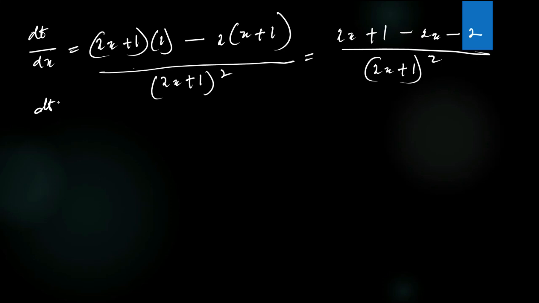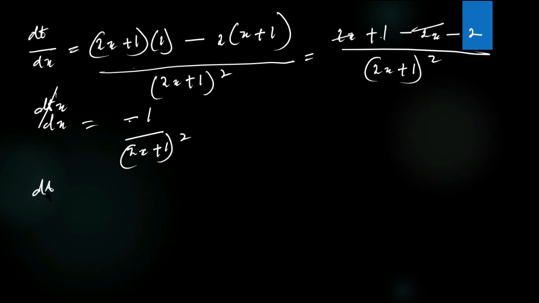So dt dx will be the same thing as: 2x minus 2x cancel each other and become 0. Then I have plus 1 minus 2, that's minus 1 over 2x plus 1, all squared.